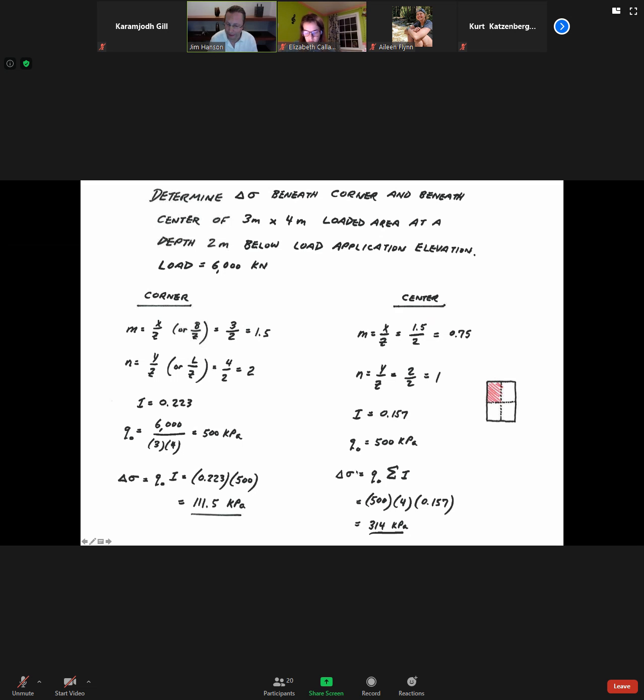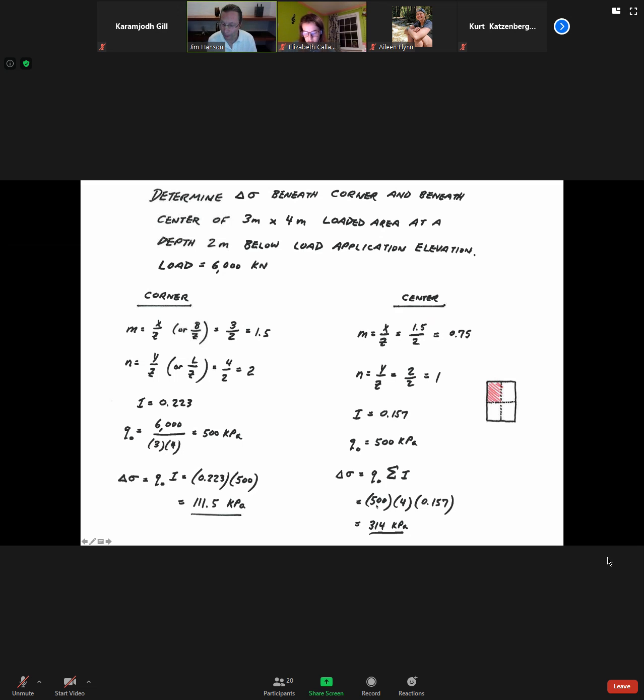And the delta sigma that we have is Q times I. In this case, it's times a summation of I. So you'd have contribution of square 1, contribution of rectangle 2, contribution of rectangle 3, contribution of rectangle 4. And if they happen to be different sizes, you can actually manage that, go to the chart 4 different times, obtain M and N each time as needed to get appropriate values.